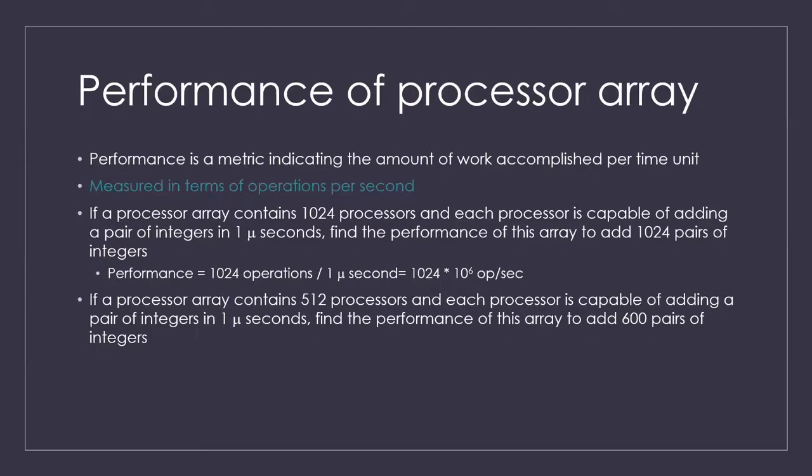So try to find out the performance of an array of 512 processors, where each processor is capable of adding a pair in 1 microsecond. Find out the performance of this array to add 600 pairs of integers.